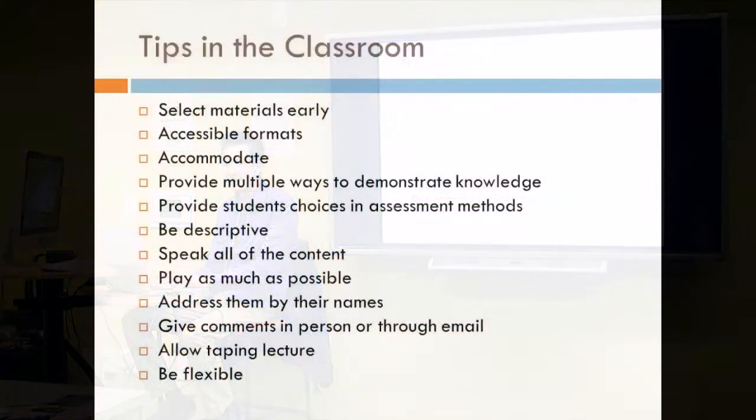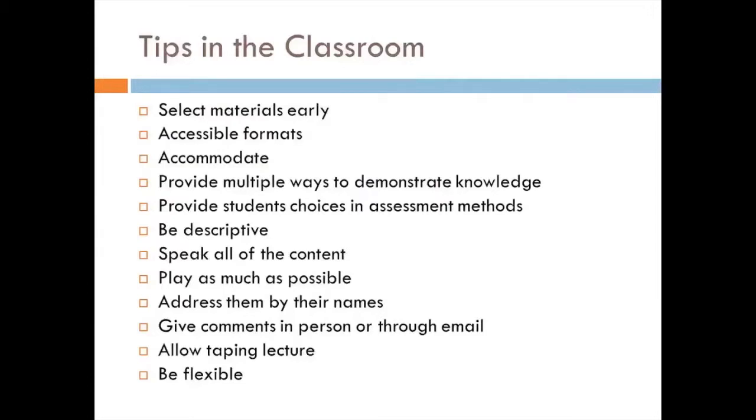Also, provide accessible format. Accessible format simply means something that students can use in an alternative way so they can access it. For example, if you give a scanned image, made into PDF, and you just hand it out to your blind student, he might not be able to read it because it's just an image.